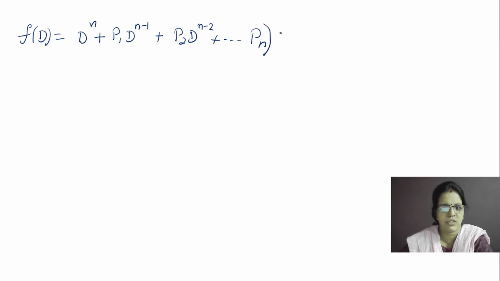So it is just y. This is f of D, and f of D into y equal to e power ax is the differential equation. So f of D is this function now.